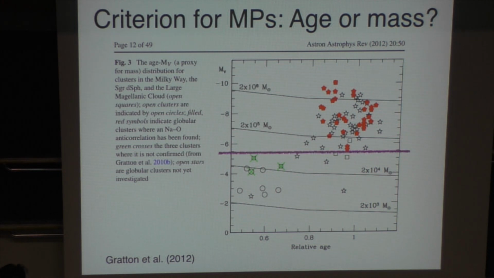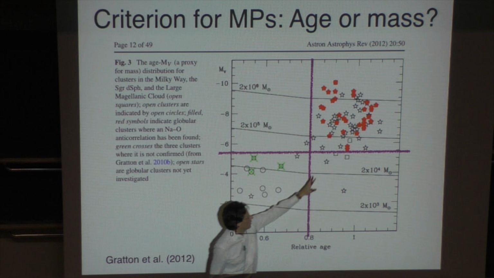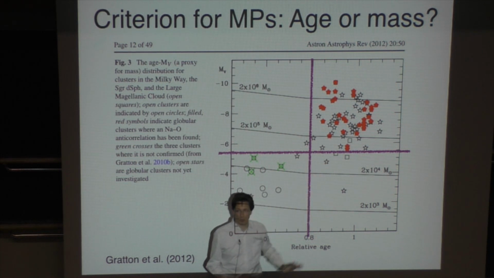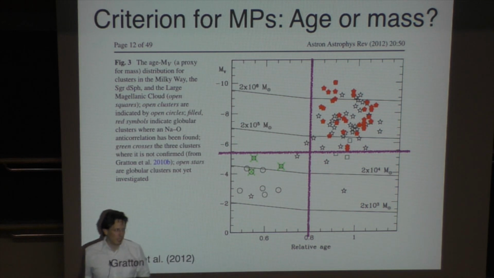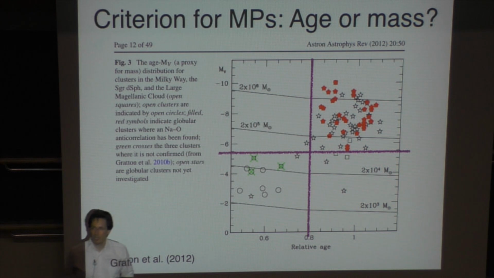But you can draw a line there and say somewhere around 10 to the 5 solar masses. It looks like there might be a cut, but of course you could also just draw a line like that and say maybe clusters that are younger than, whatever is 80% of the age of the clusters over here, don't show it, and the old ones do show it. And the problem in making this distinction is that we have no clusters up here, right, and no clusters down here.